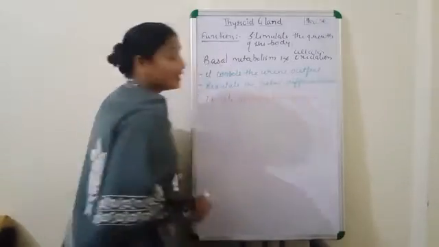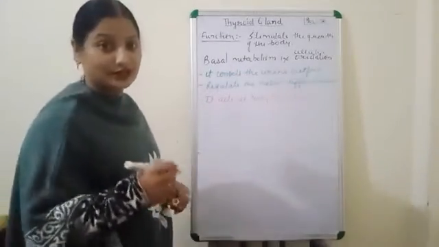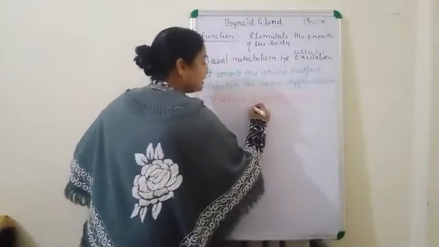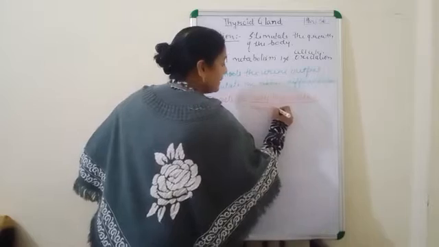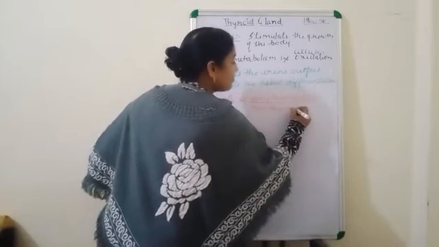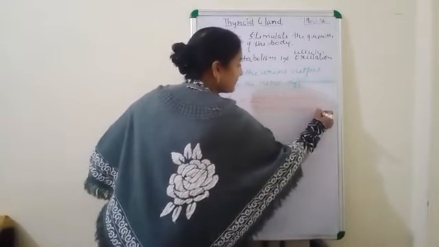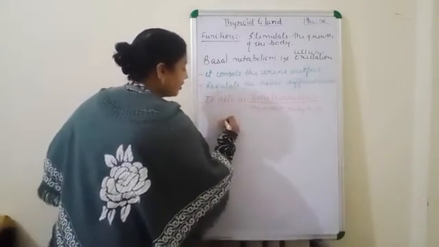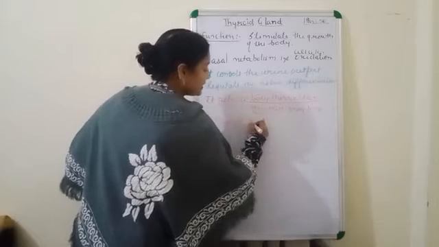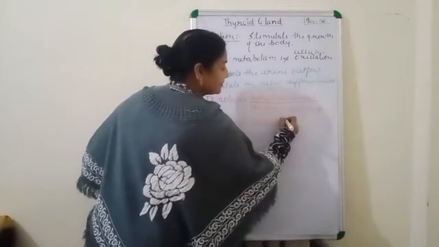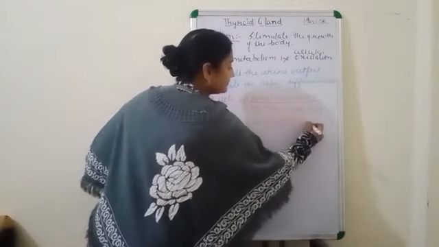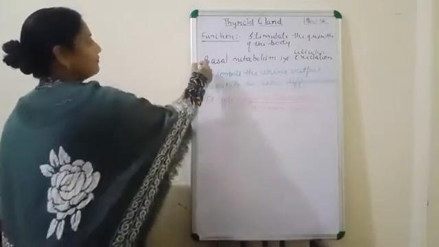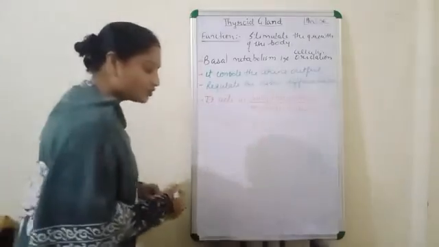It means it regulates and maintains the temperature. Body thermostat means it maintains our body temperature. Then one more, it regulates the protein synthesis. Okay, so 1, 2, 3, 4 and 5 and so on.